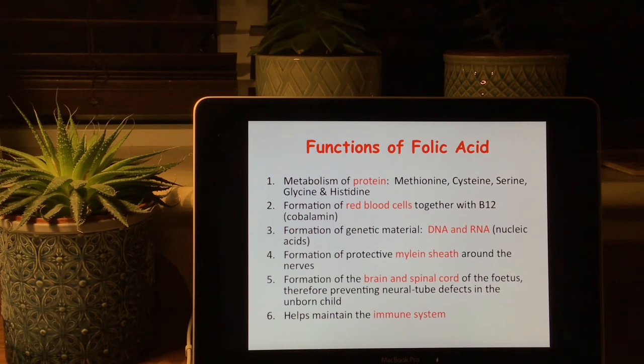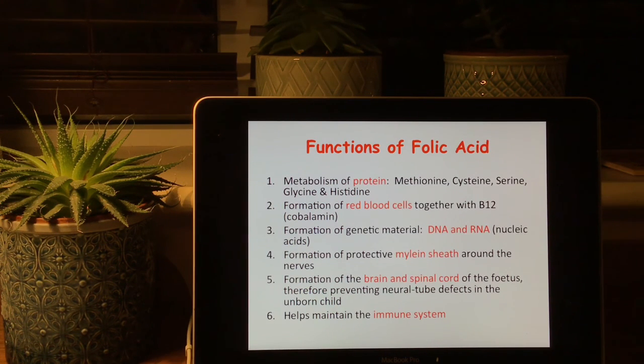Number 3, we need folic acid to help create genetic material. So these complex molecules such as DNA, deoxyribonucleic acid, and RNA, ribonucleic acid, require folic acid to be made, and they store our genetic material.